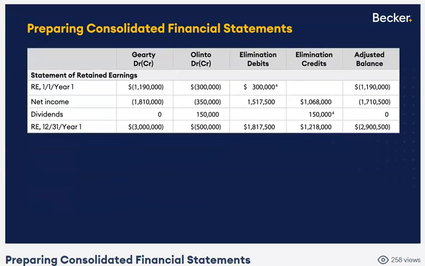Then continuing on, we look at retained earnings. At the acquisition date, retained earnings were $300,000. Remember, we backed into that. We have the net income numbers that we just came up with. Then we take dividends out of the subsidiary because they did pay a dividend of $150.